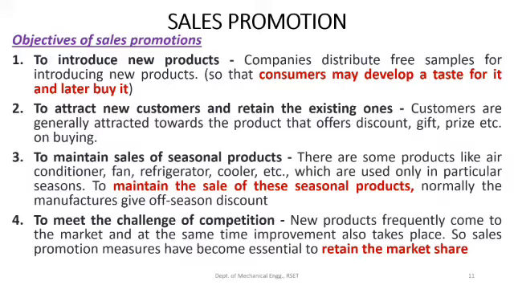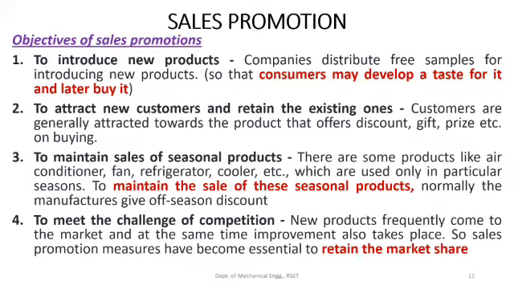Take the case of air conditioners. The demand for air conditioners generally spikes towards the summer season, where it becomes very essential that consumers have a better air conditioned environment where they live or work.